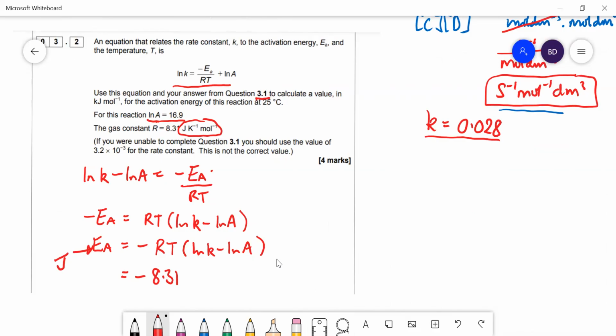ln k, well, k is equal to that, so we do the natural log of 0.028 in a calculator, and that is minus 3.57.